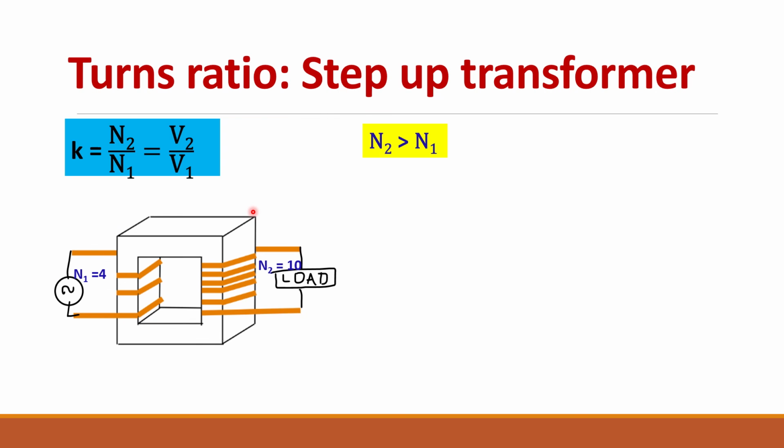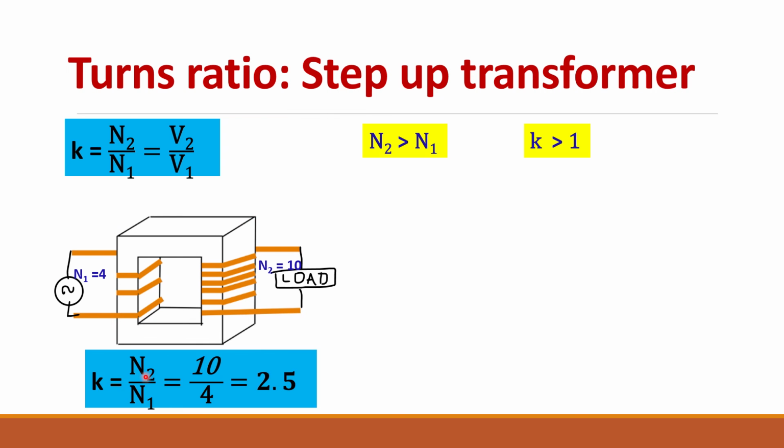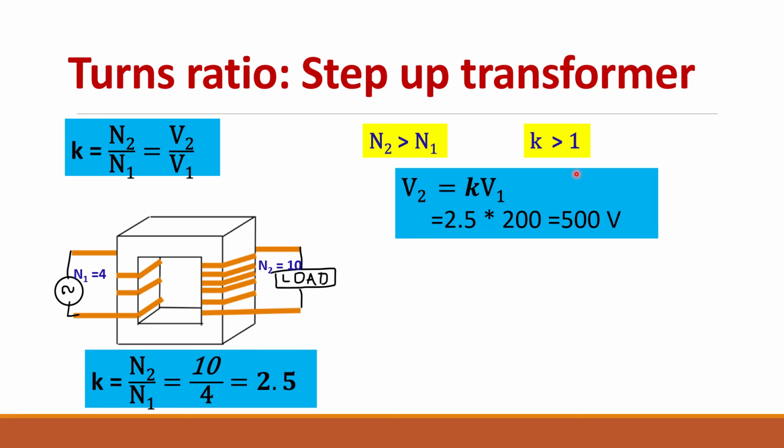For a step up transformer, I have taken here N1 equal to 4 and N2 equal to 10. So K will be 10 by 4, that is equal to 2.5. You can see that for a step up transformer, the transformation ratio, the turns ratio, is always greater than 1.